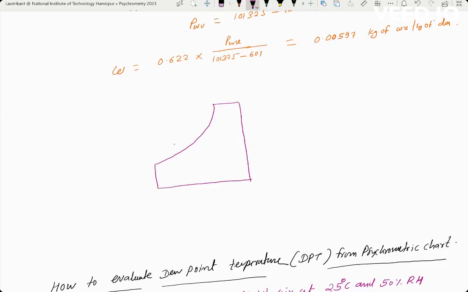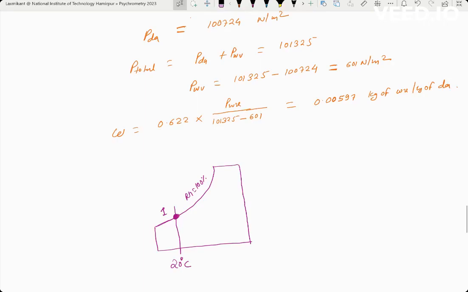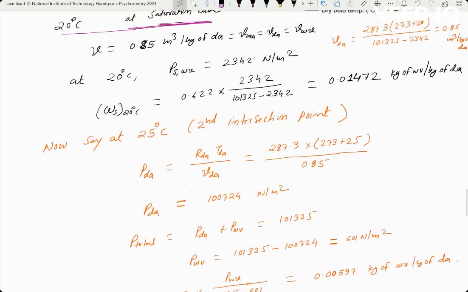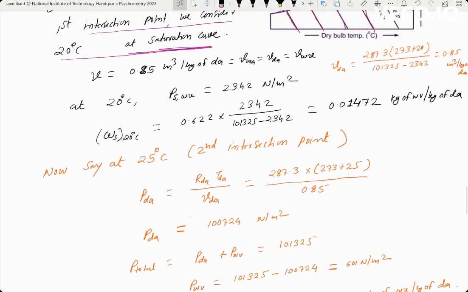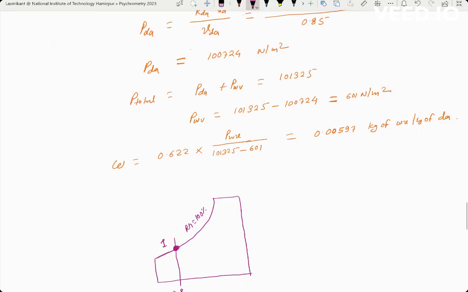This is the 20 degrees Celsius vertical line, and it will intersect the 100% RH line at this point. This is the first intersection point. We require the second point. For the first point we have 20 degrees Celsius and the saturation line, so 20 degrees Celsius at the saturation curve is the first intersection point.